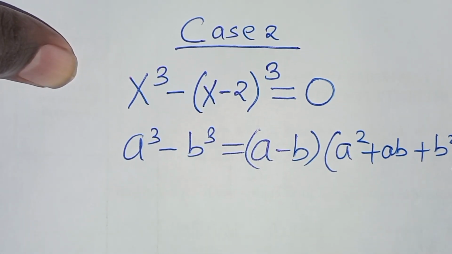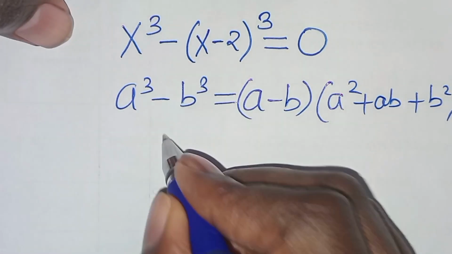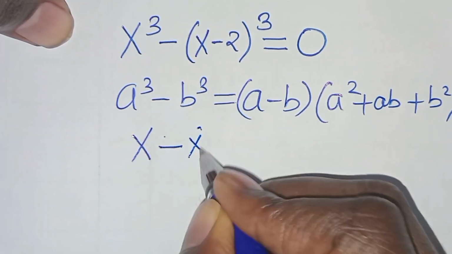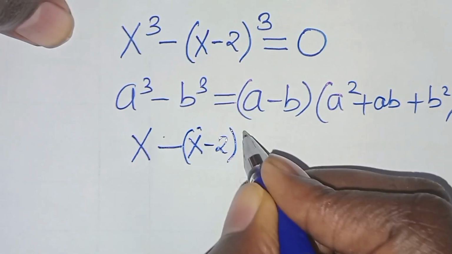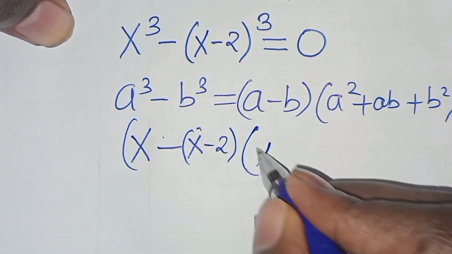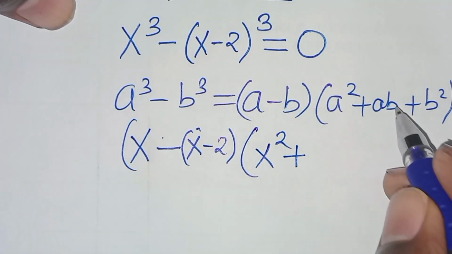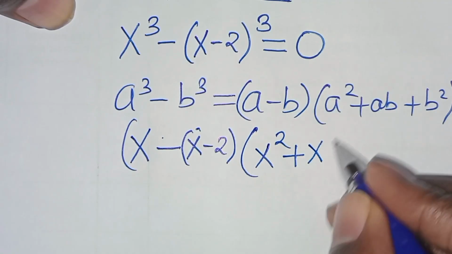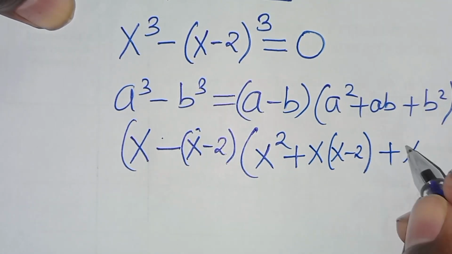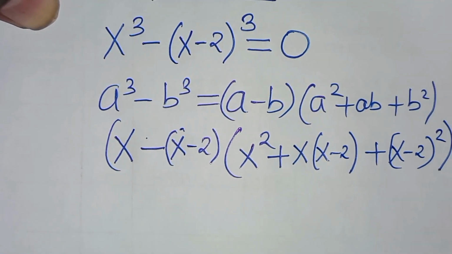Applying this property, we have x minus 2, close the bracket here, then we have x squared, then plus a times b, that is x times x minus 2, and then plus x minus 2 squared. Close the bracket here. This is equal to 0.